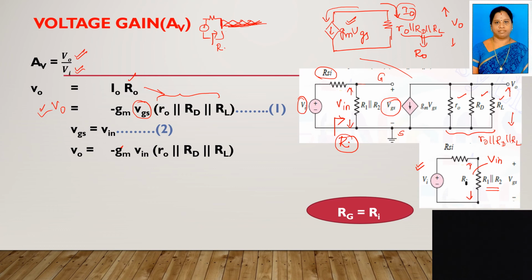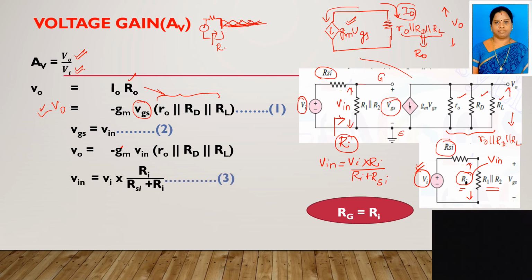As per the voltage division rule, Vin equals the total voltage Vi into that particular resistance Ri, divided by the sum of the resistances Rsi and Ri, so Ri plus Rsi. That you have to substitute in this equation.